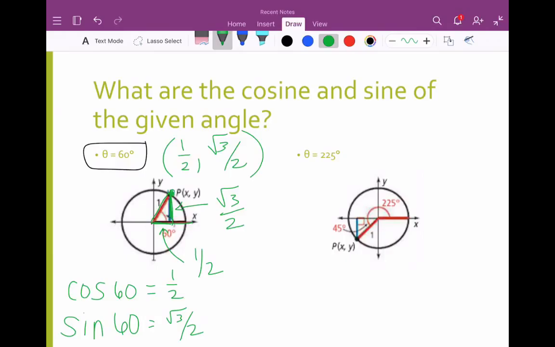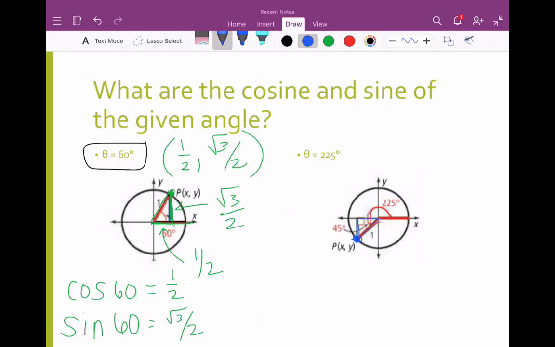Looking at the second example, I'm looking at the angle of 225 degrees. So here's my initial side, and we go all the way around until we get to our terminal side right here. That puts the point right here on the unit circle, and we need to figure that out. In order to figure that out, we need to make a right triangle. So I'm going to draw up to the x-axis, over to the origin, and then back down to that point.